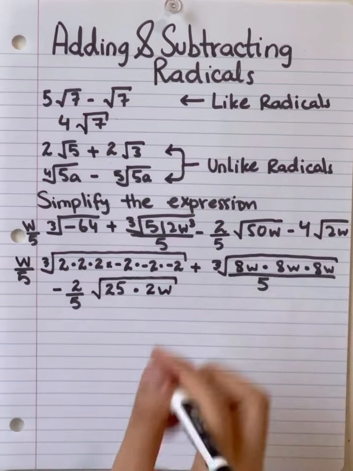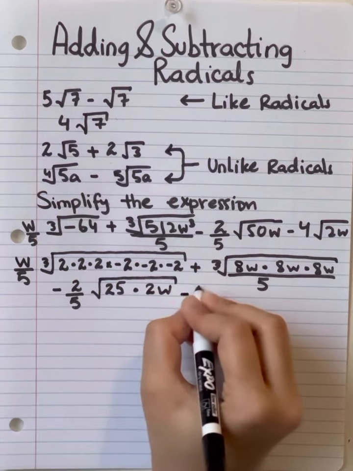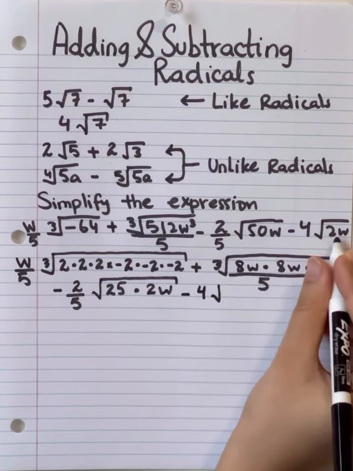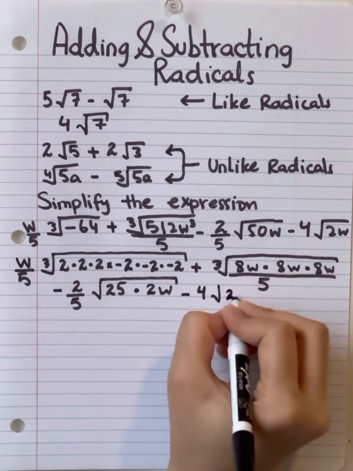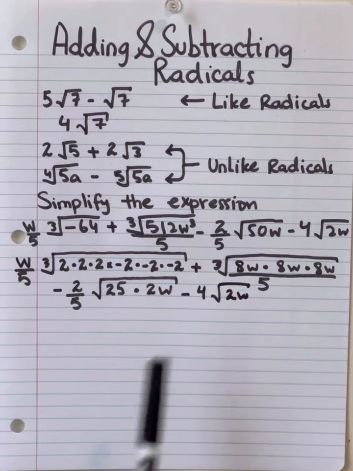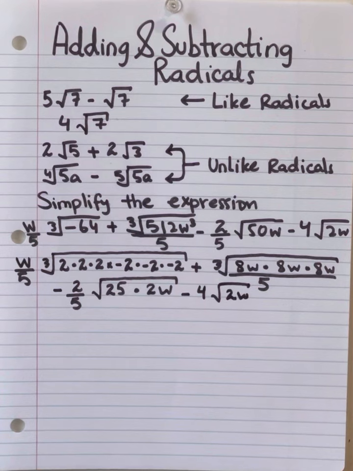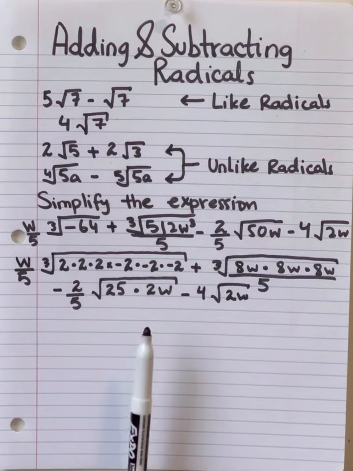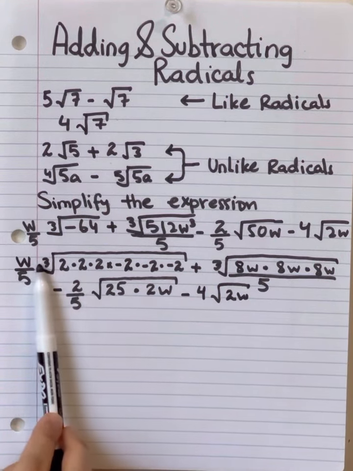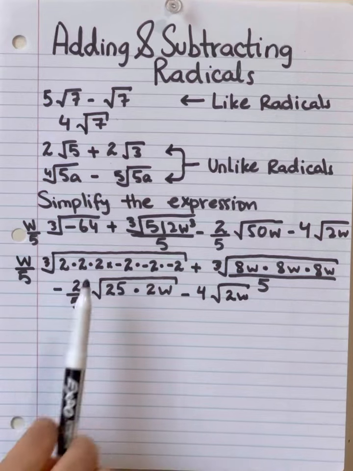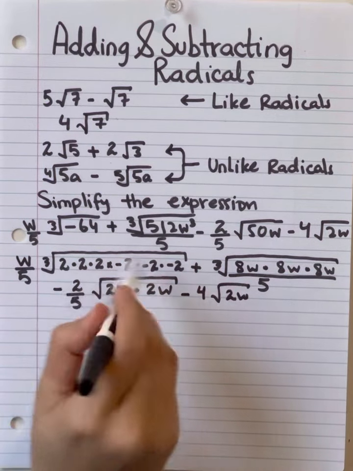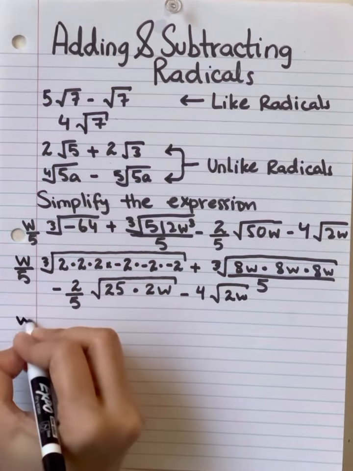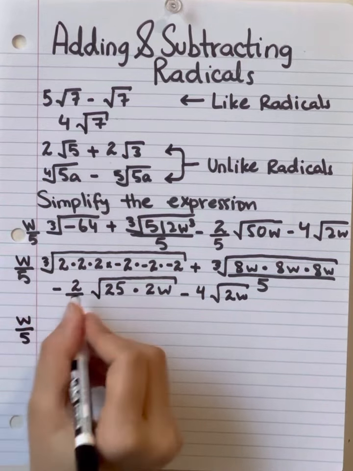Now on to our last term, the fourth term, minus 4 square root of 2w. Since 2 is a prime number, it doesn't have any factor, so it stays as square root of 2w. When we are adding or subtracting, we look for like radicals. We can see cube root and cube root. First, let's solve our radicals.